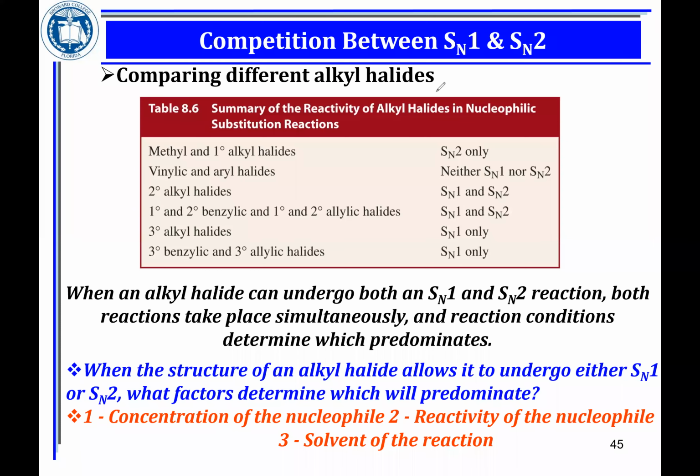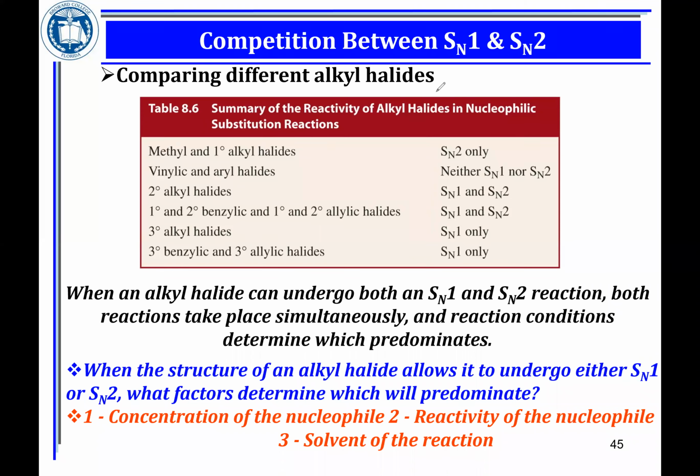If you promote SN2, you have only one product. If you promote SN1, you have two products, an R and S product, or there's the possibility for rearrangement. If you don't want your product to go through rearrangement and you don't want a mixture of R and S, you probably want to make sure that your reaction goes through SN2.